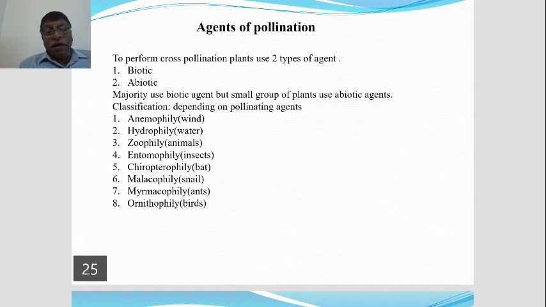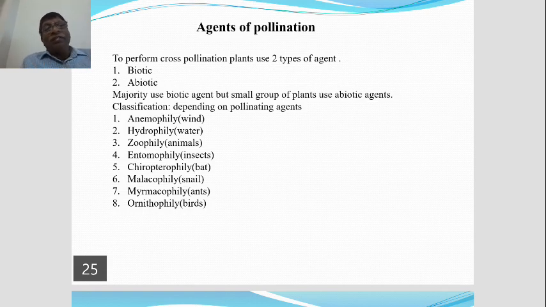Next, as we know, in cross-pollination, pollen is present in one plant and the female gamete, the egg, is present in another plant. Both of them must come nearer each other for fertilization.